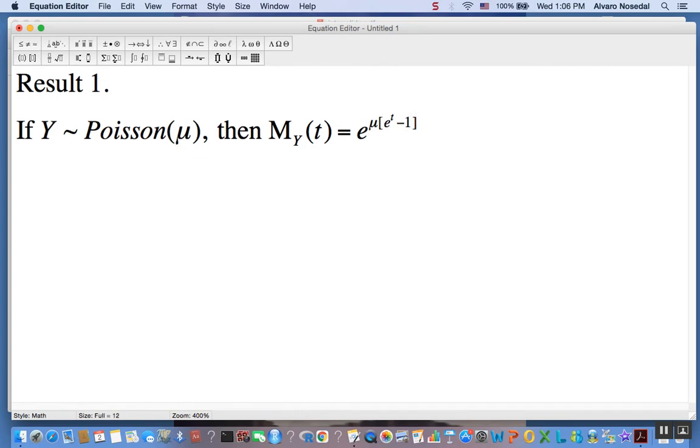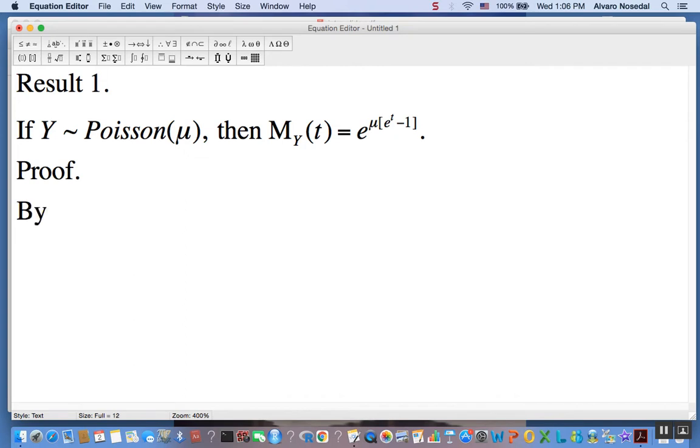Okay, that's what we want to show. We want to basically derive the formula of the MGF for a Poisson. Okay, so proof.